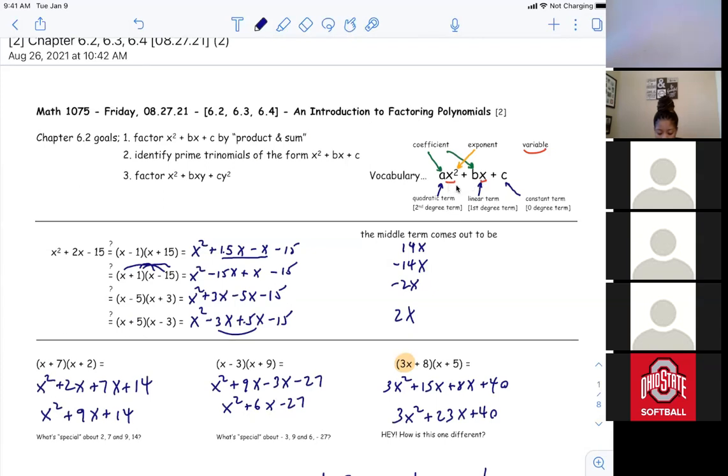And we often refer to these terms with these words: quadratic term for the term that has the second power, linear term for the plain old x, and the number at the end, if there is one, that never ever changes, gets the name constant term, sometimes called the 0-degree term also.